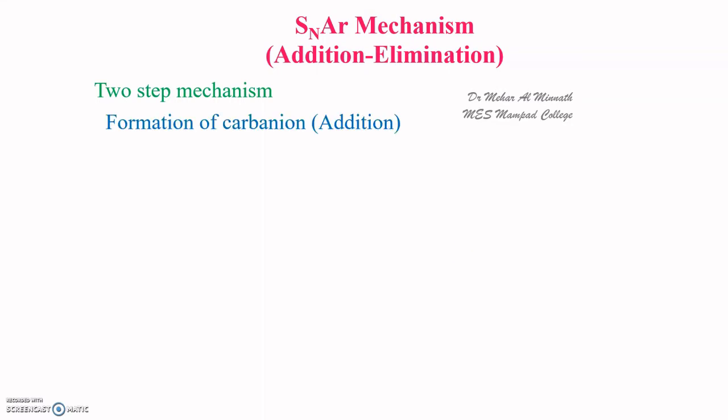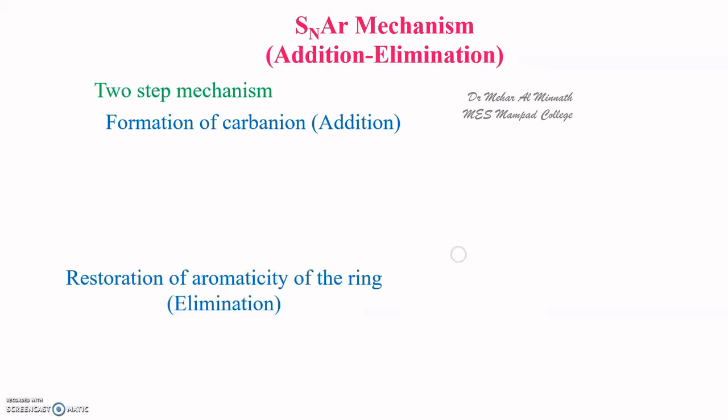It's also called the addition-elimination mechanism because addition happens first, followed by elimination. It's a two-step mechanism. First is the formation of a carbanion, wherein the nucleophile is added to the substrate, and then next is the restoration of the aromaticity of the ring.